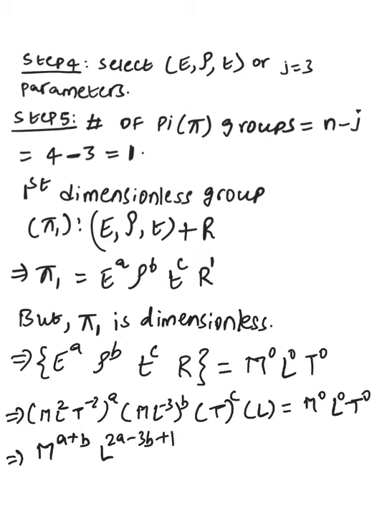Next we have T raised to the power of minus 2 into a, which is minus 2a, and there is no other term except c, which will be plus c. This is equal to M^0 L^0 T^0.